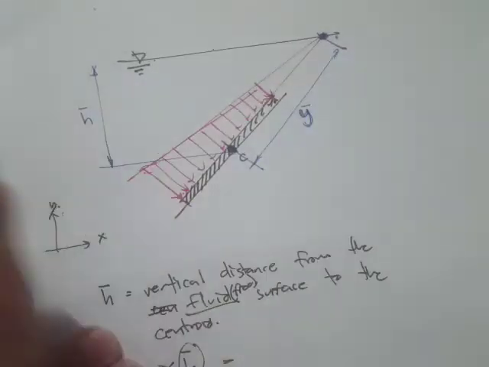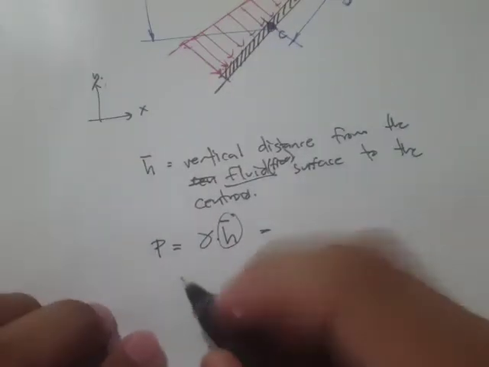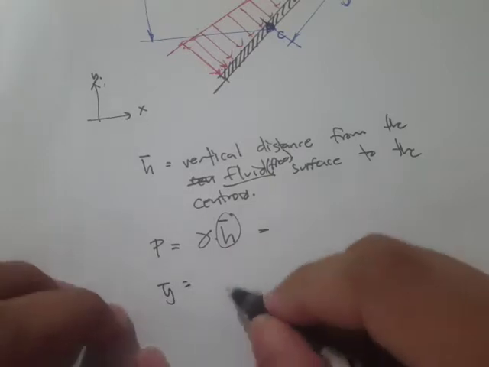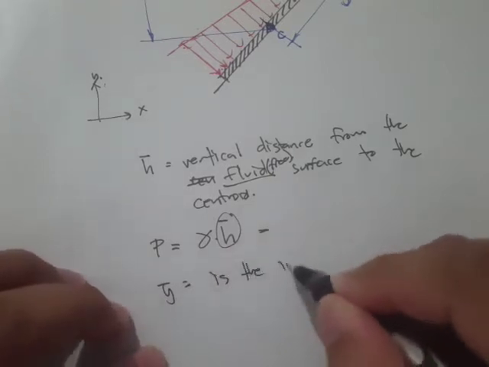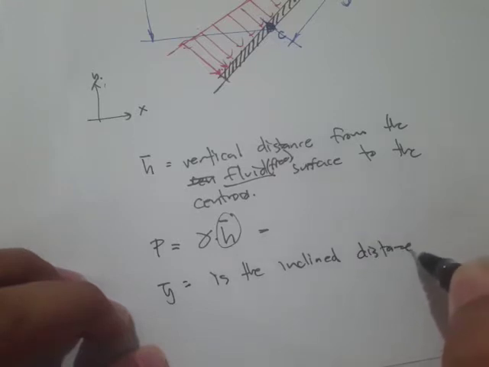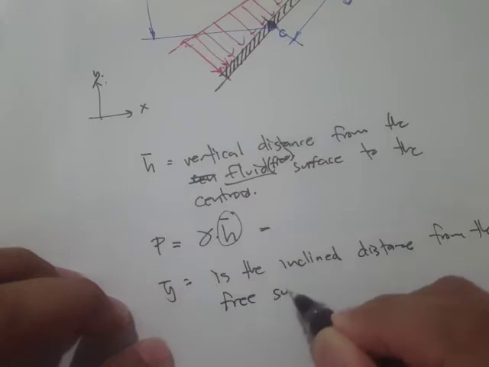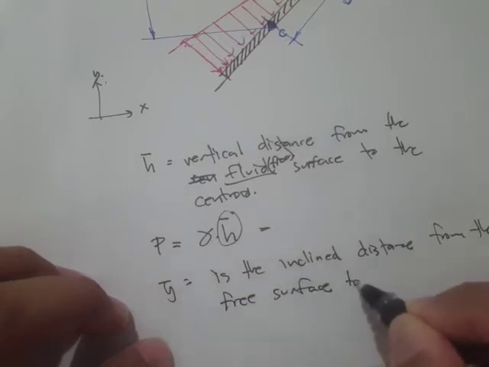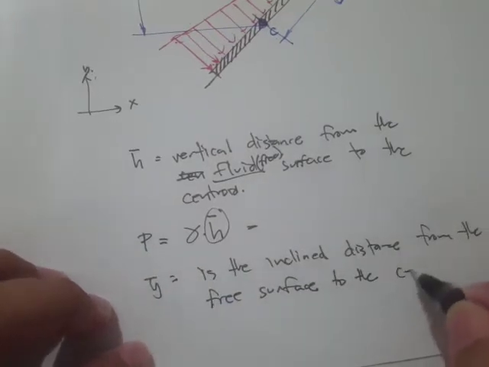So that's the inclined distance. Y bar is the inclined distance from the free surface to the centroid.